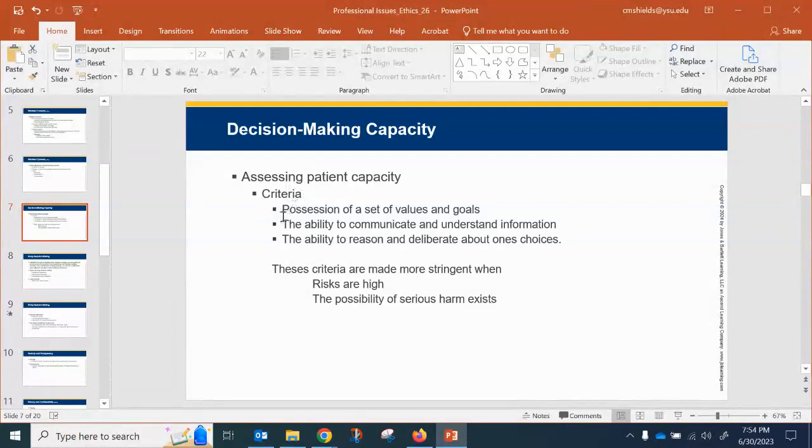Number 1, possession of a set of values and goals, that they hold a set of values and goals. Number 2, they have the ability to communicate and to understand information. And number 3, the ability to reason and deliberate about one's choices.